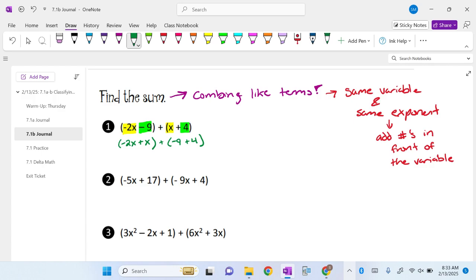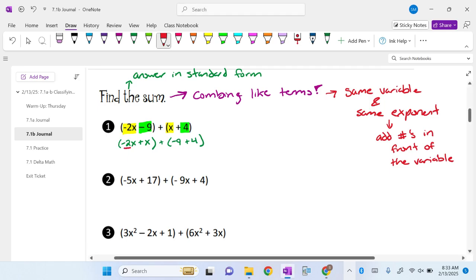Now, whenever you're combining like terms with a polynomial, I want your answer in standard form. So from highest to lowest exponent. So I always want your answer in standard form. Now, remember, if we're adding or subtracting the x's, you're only adding and subtracting the numbers in front of them. So remember, there's an unspoken 1 here.